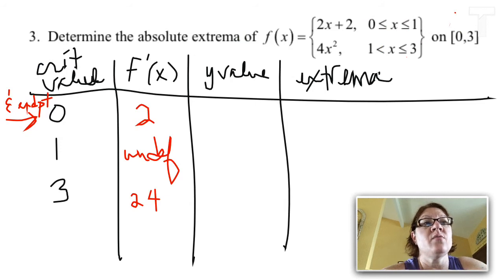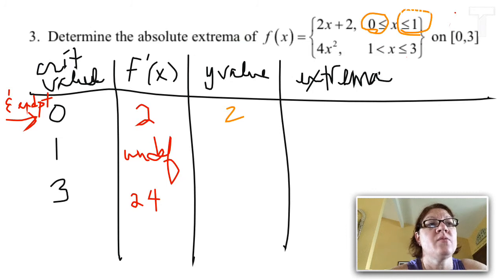So when I substitute 0 in, I have to substitute it into the top piece, and that'll give me 2. And when I substitute in 1, that has to go in the top piece too, because 1 is part of the top piece of my piece function, and so I'd have 2 plus 2, which is 4. And when I substitute in 3, I have to substitute it into the bottom, which gives me 36.